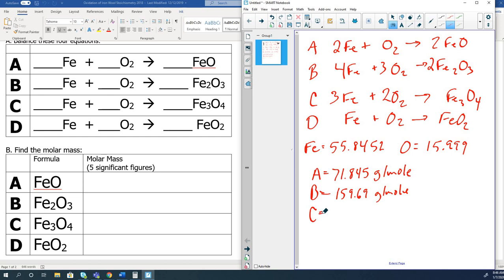Nobody's brave for C? 87.843. It's going to be more than that. Okay, do I have a second on that? Okay, I got D.